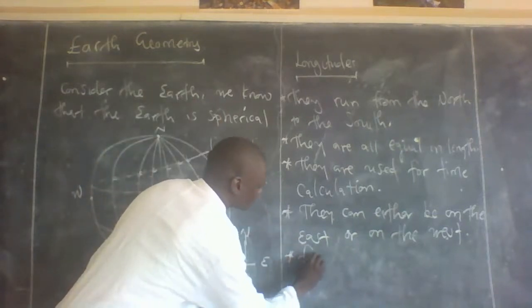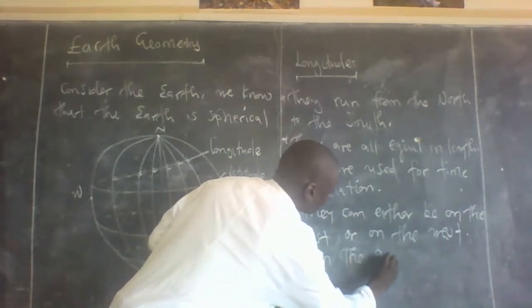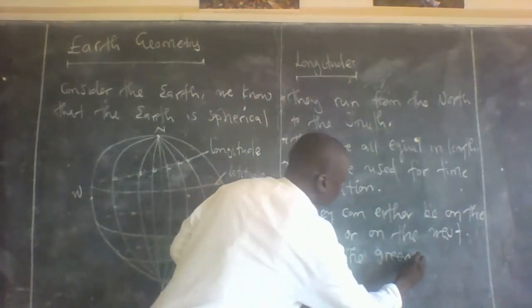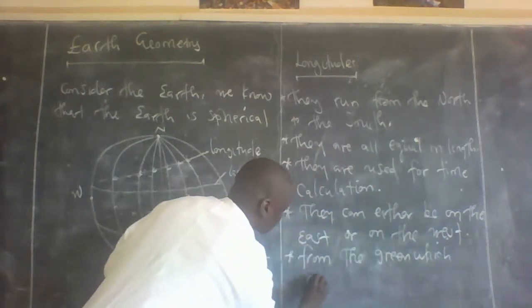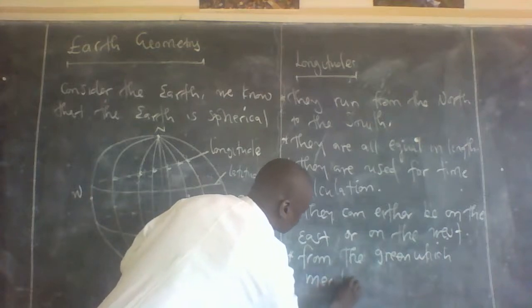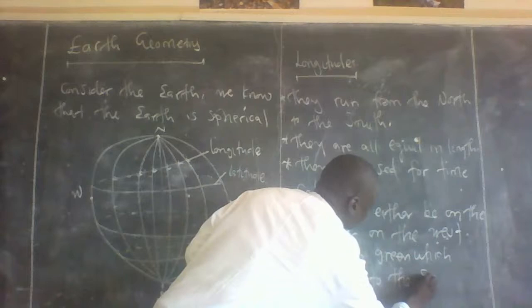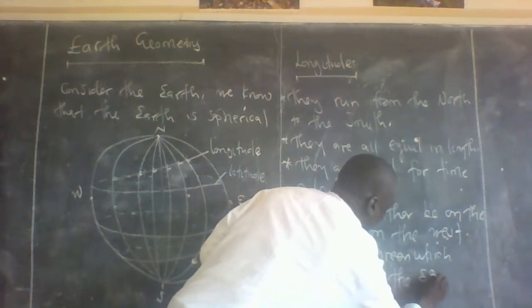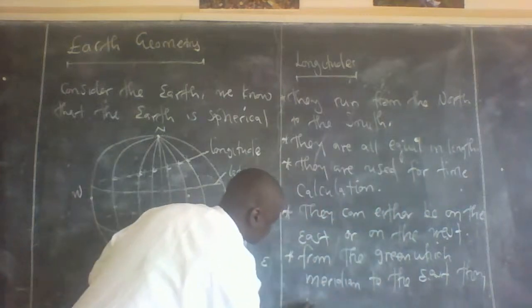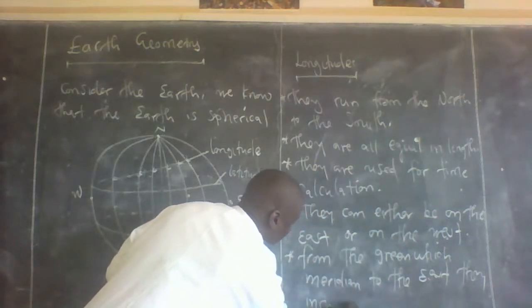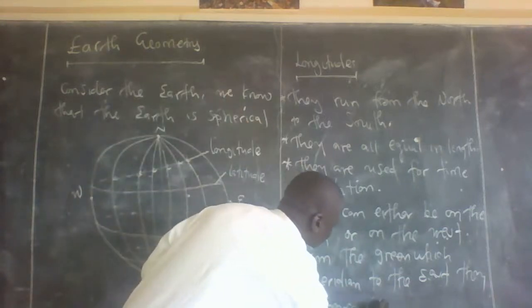So from the Greenwich meridian to the east, they increase eastwards.